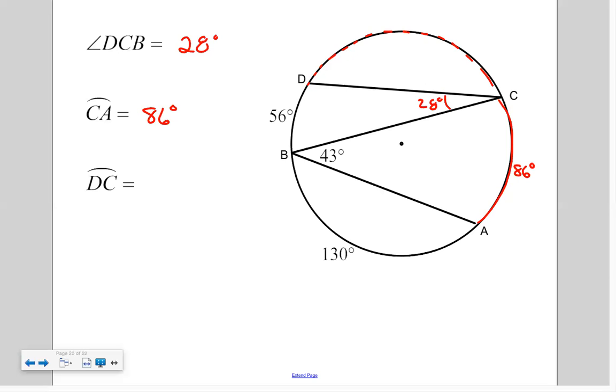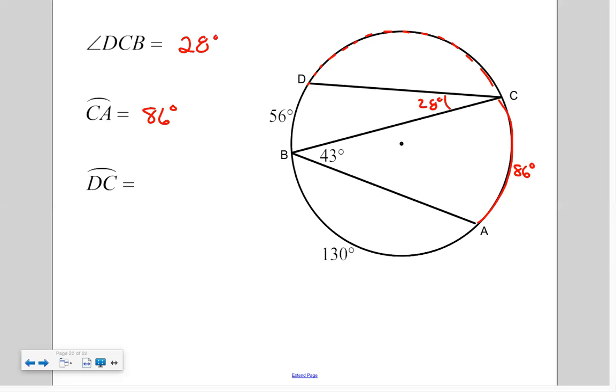And lastly, to find arc DC. We don't have an inscribed angle or central angle to work off of, but we do know what the other three arcs of our circle are.